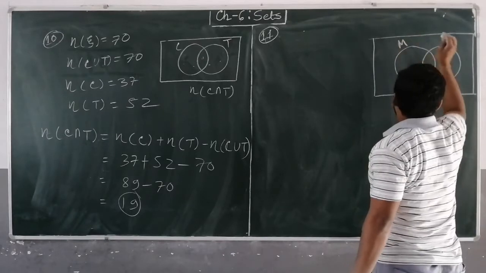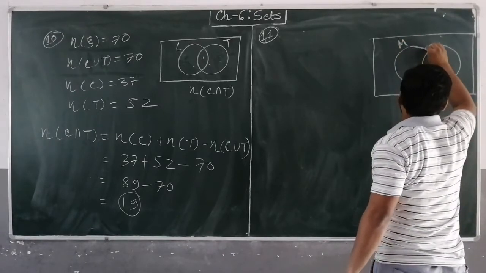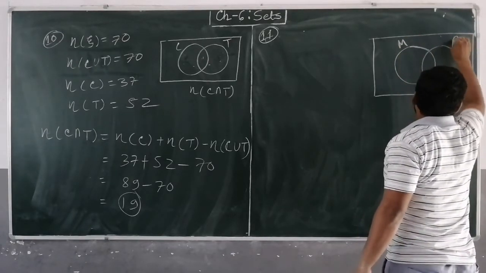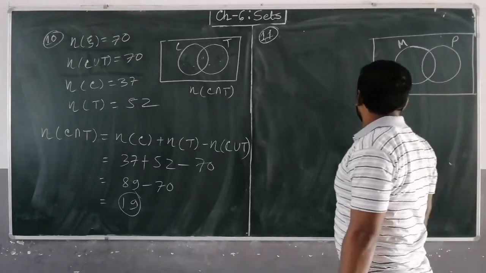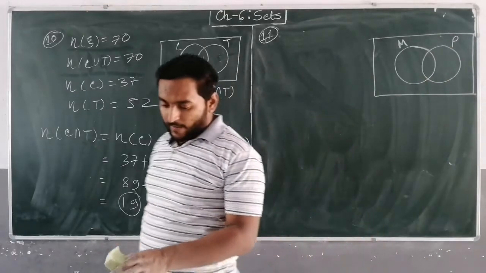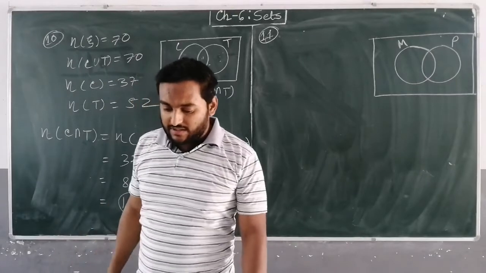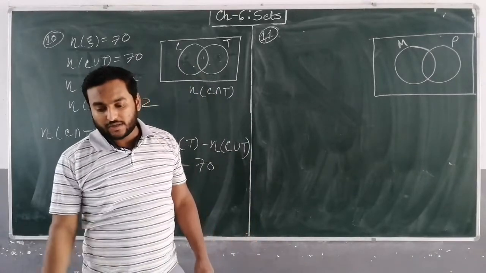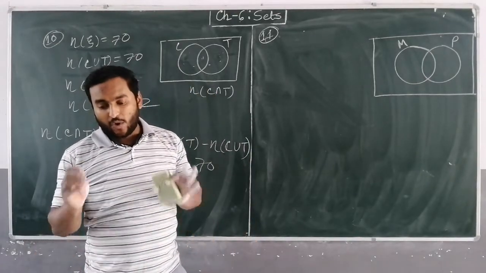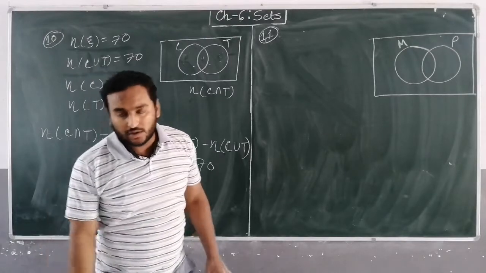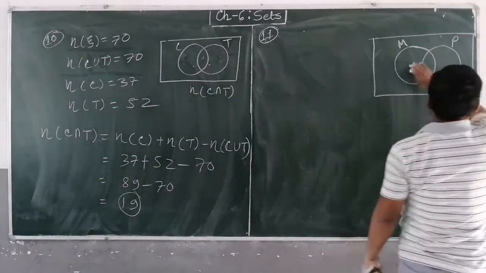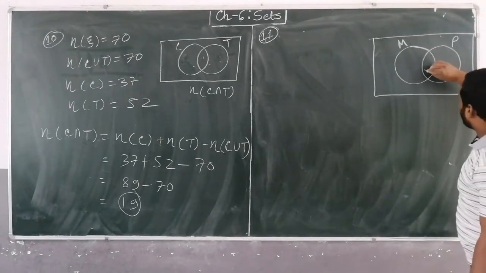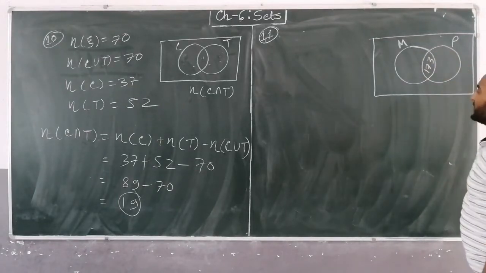This is the set of students who have taken mathematics. This is the set of students who offered physics. The total number of students is given as 727. 600 students offer mathematics and 173 students offer both mathematics and physics. Mathematics and physics both means the common part, that is 173.